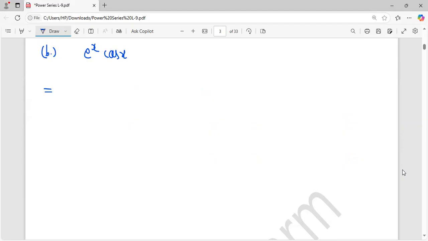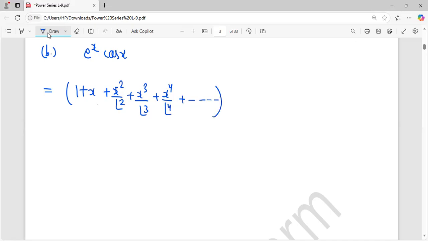Then what is the formula of e to the power x, the series expansion? Multiply one with this.